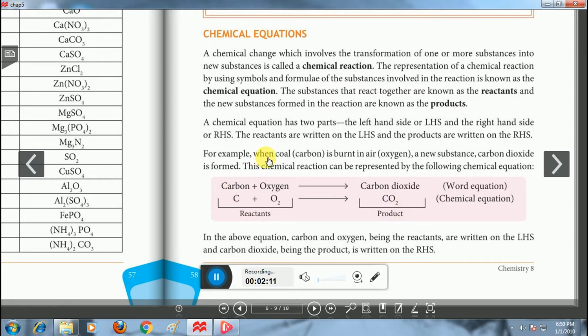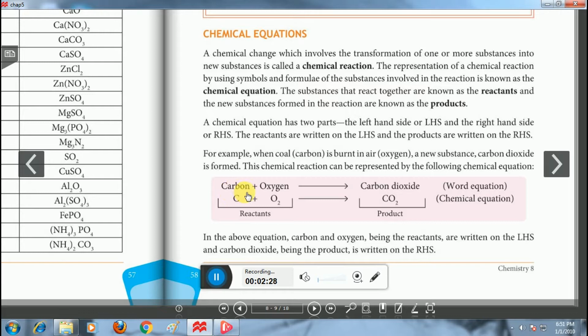For example, when coal is burnt in air, here the main ingredients are coal, an allotrope of carbon, and air, which contains oxygen. A new substance, carbon dioxide, is formed.